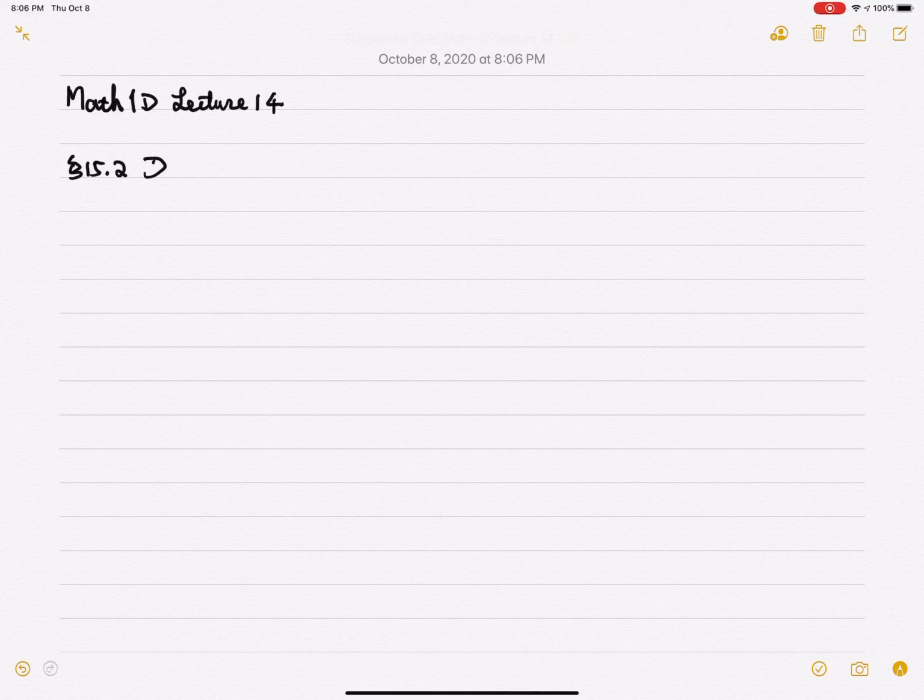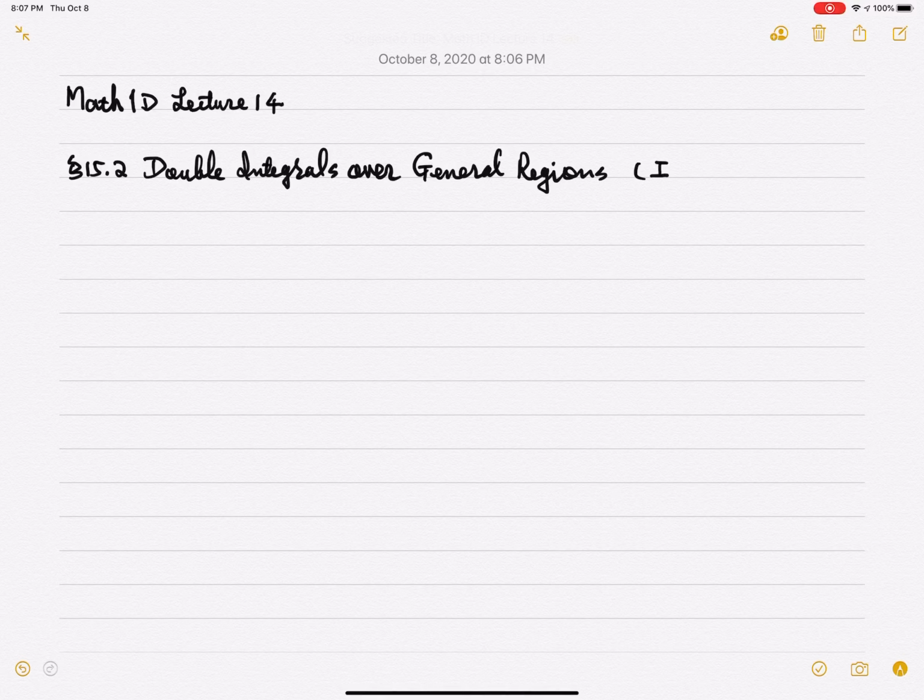We talk about double integrals over general region. So we're going to look at part 1.